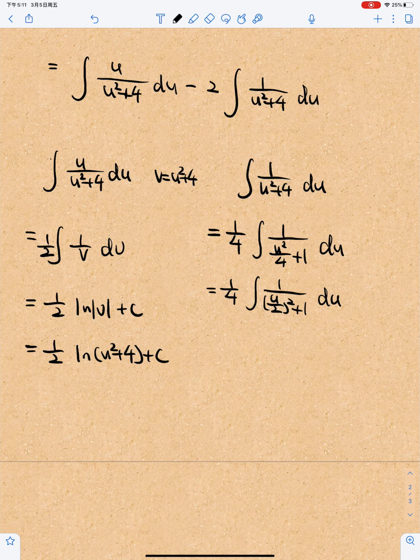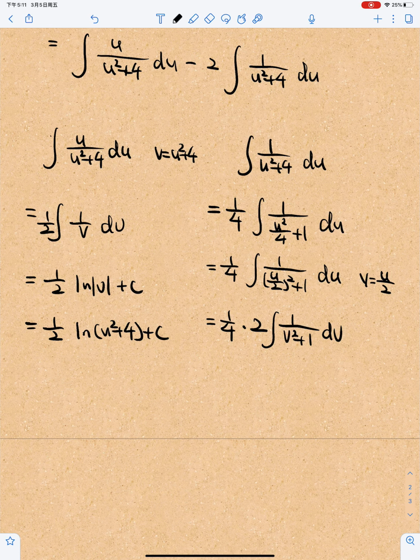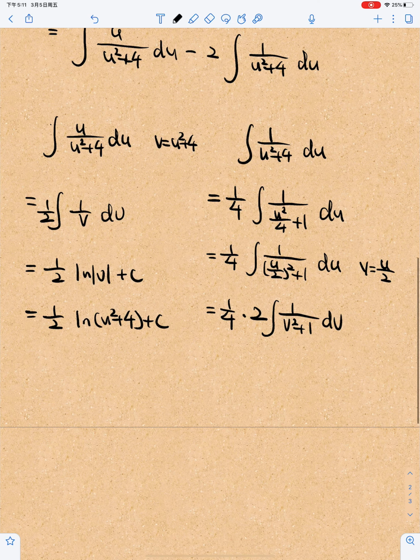Now, let's apply the substitution by setting v equal to u over 2. After the substitution, this becomes 1/4 times the integral of 1 over (v squared plus 1) dv multiplied by 2. The antiderivative of 1 over (v squared plus 1) is arctan v, and therefore in the end we get 1/2 arctan (u over 2) plus c.